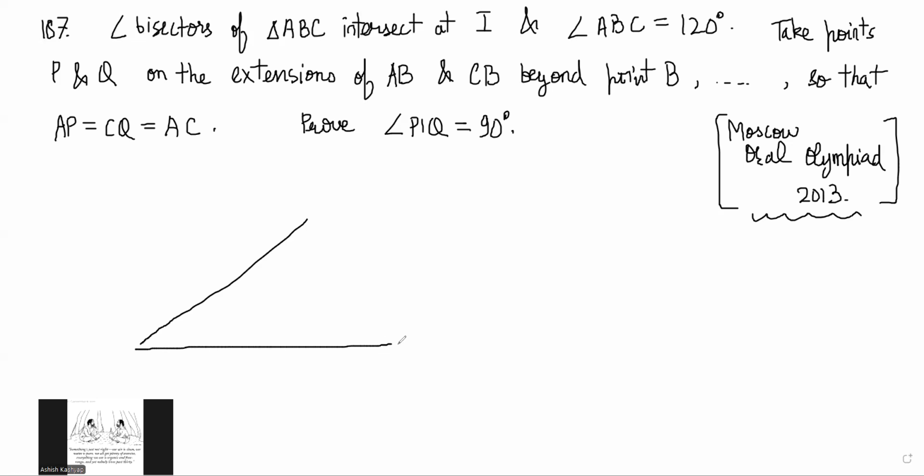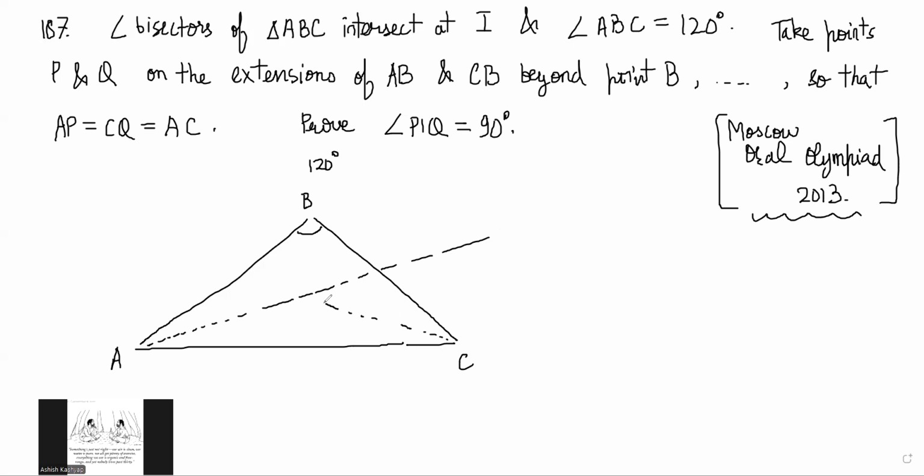ABC is my triangle. Let's say A is here, B is here, C is here, and angle ABC is 120 degrees. We have to take bisectors which intersect at the incenter. So let's draw the incenter: one angle bisector and another angle bisector.